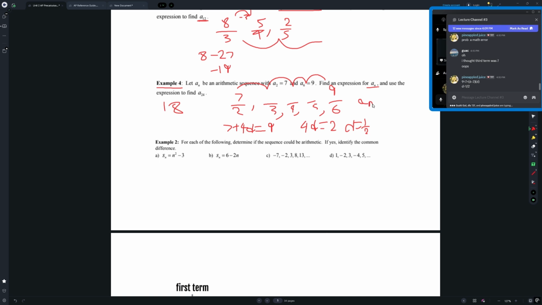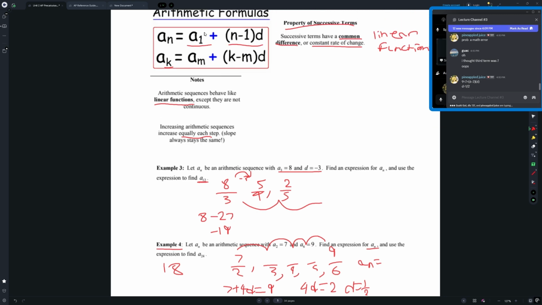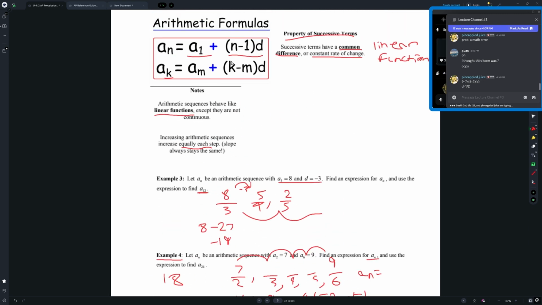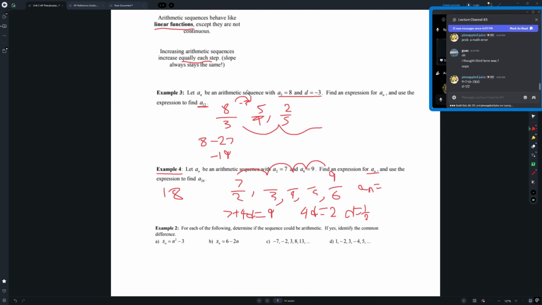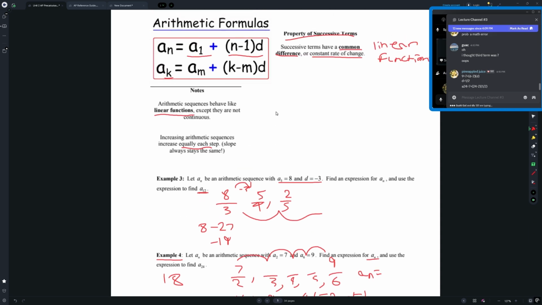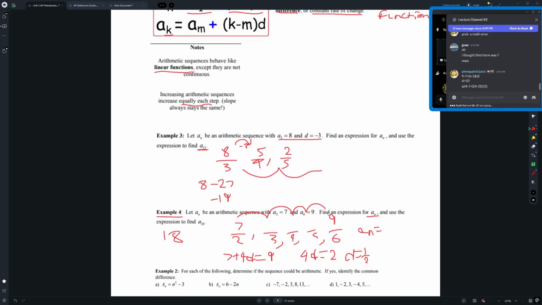A of n is equal to... it says to start with a1 for this formula, but usually they say to start with a0, so we'll start with a0, which would be 6 in our situation, plus 1/2 n.